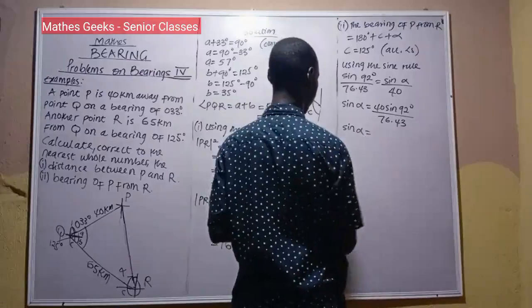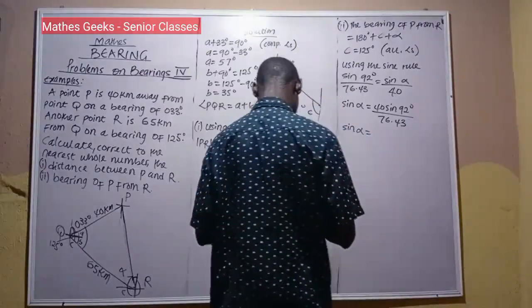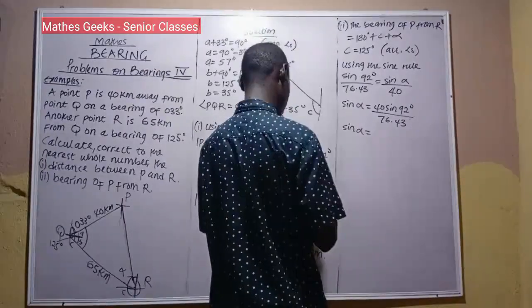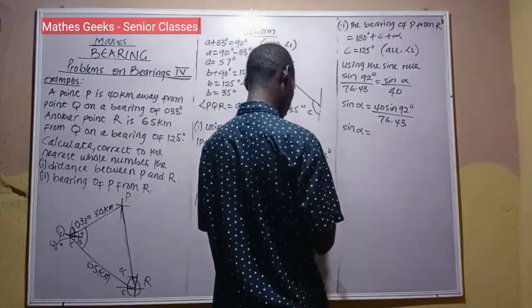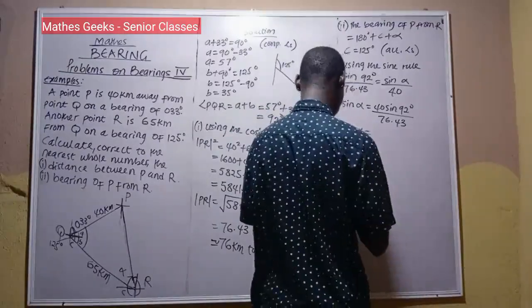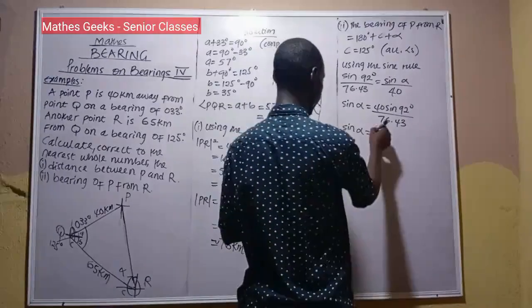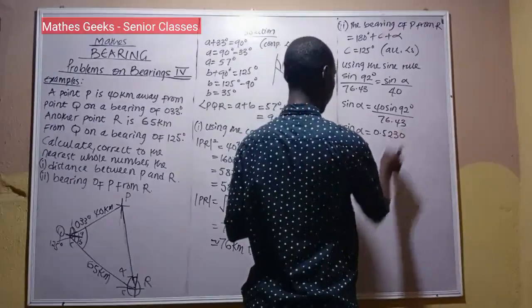Sine alpha is equal to 40 sine 92, which is 39.9756, divided by 76.42, which is 0.5230.